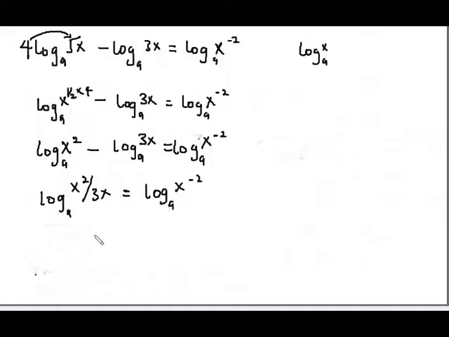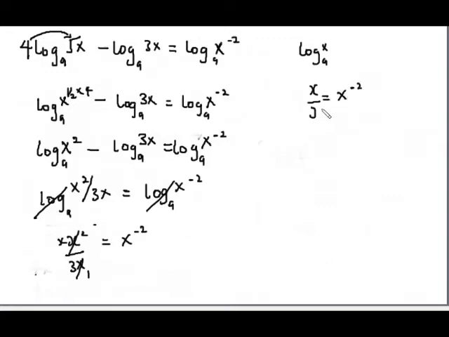So we have the logs smoothly laid out for us, so we will cancel out this log with this log. Now the implication of this is that we have x squared over 3x equals x minus 2. Now we know that x over x is 1, so this equation becomes x over 3 equals x minus 2.